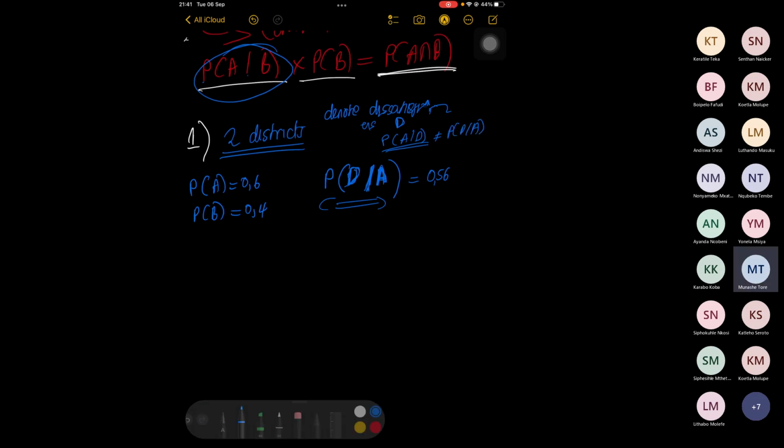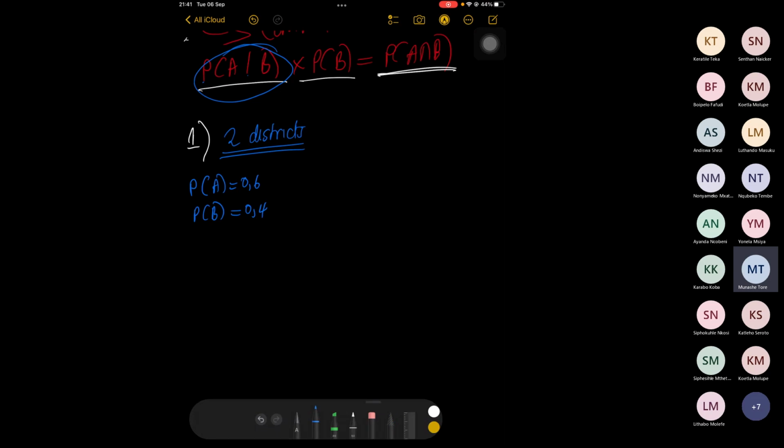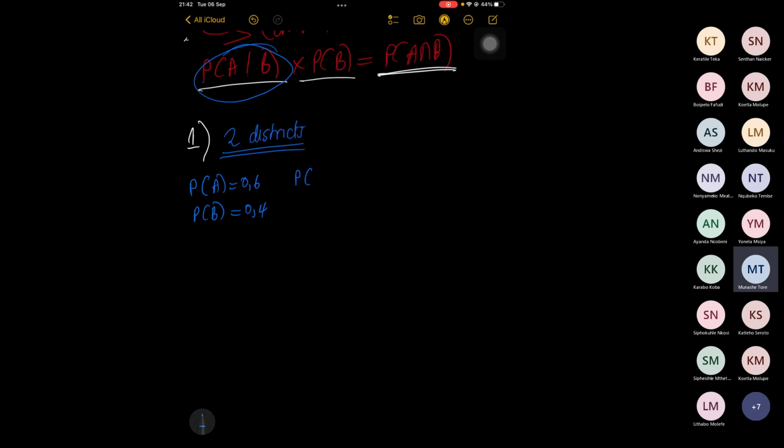So you have to understand the question thoroughly for you to know which of the things that you are given is the condition, isn't it? So in this case, we know that the condition that we have is that it's coming from A, isn't it? So the probability of dissatisfied given it's coming from A is going to be 56%, which is 0.56.